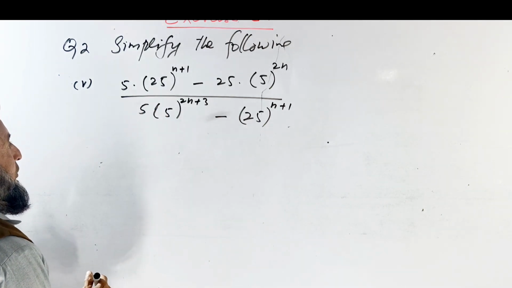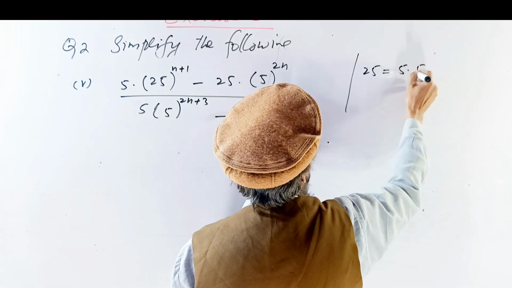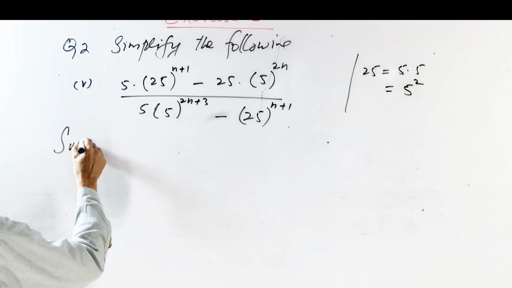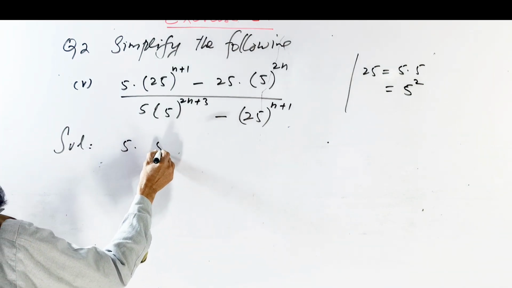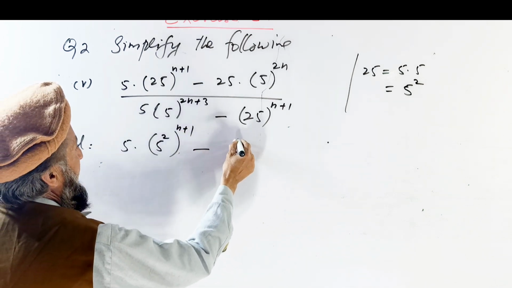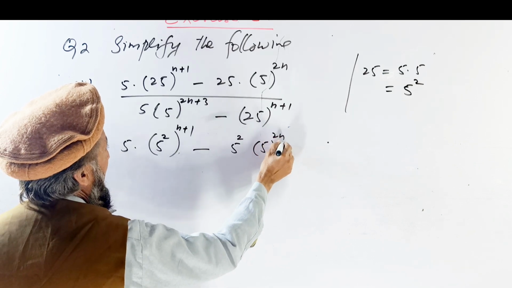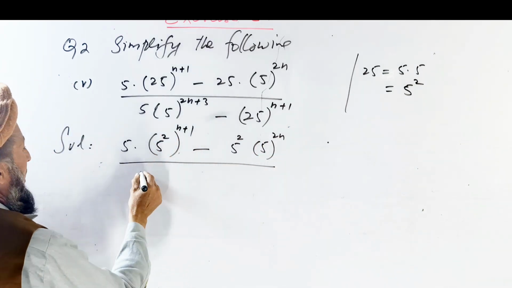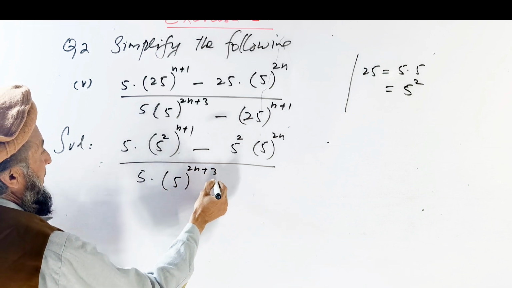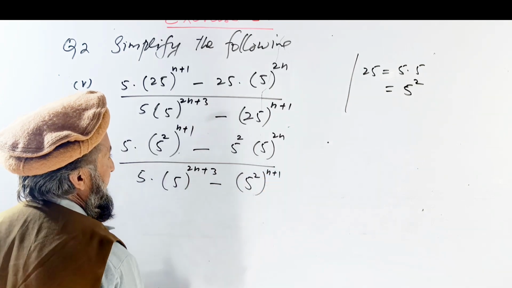We can write 25 according to the product rules as 5 square. So for this question we write 5 square into n plus 1. Similarly here we write 5 square and 5 power 2n divided by 5 into 5 power 2n plus 3 minus 5 square power n plus 1.